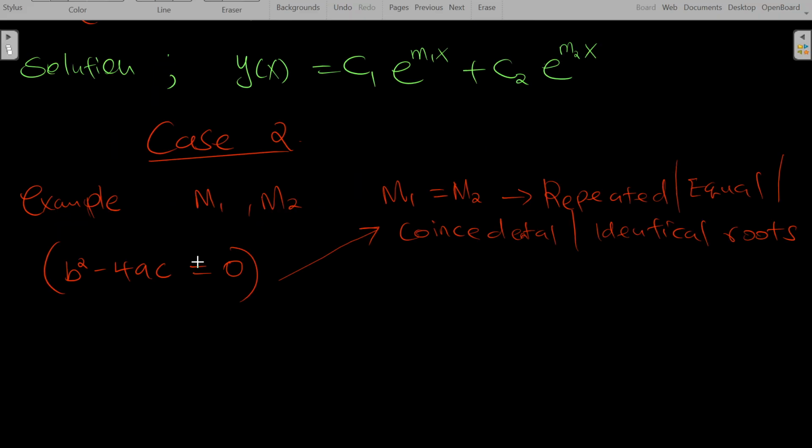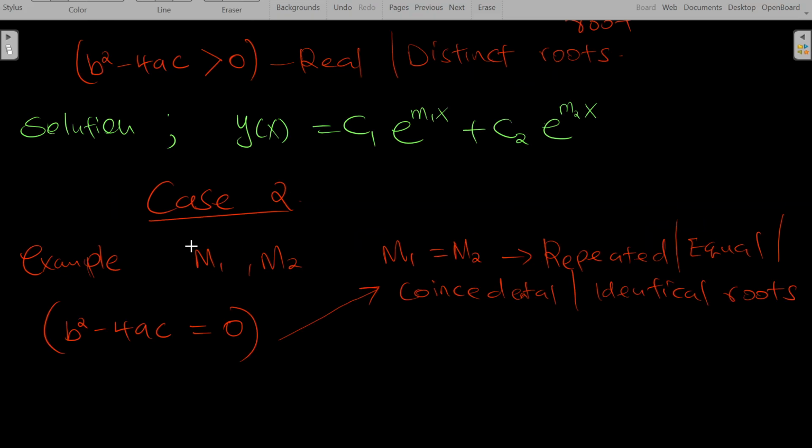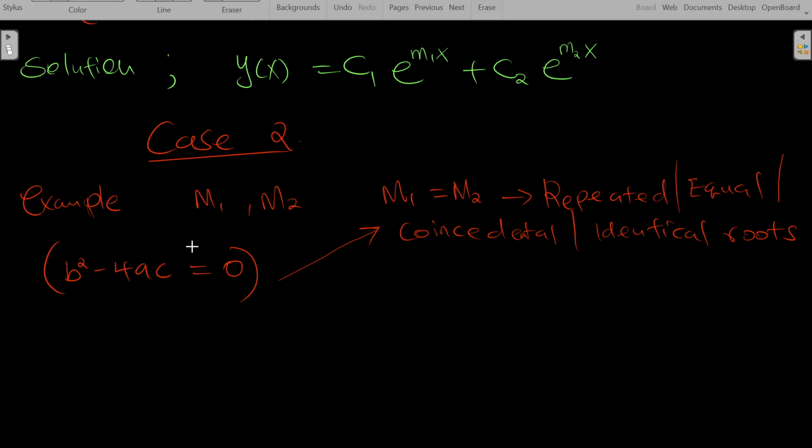So once you have these distinct or repeated roots, you will say what will be the general solution to that differential equation. So I'll just write solution.